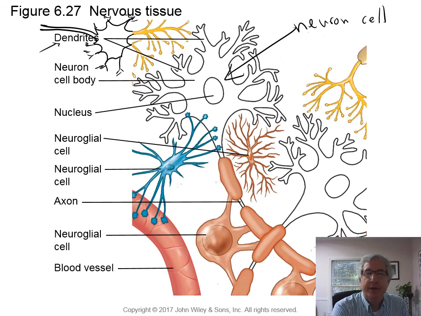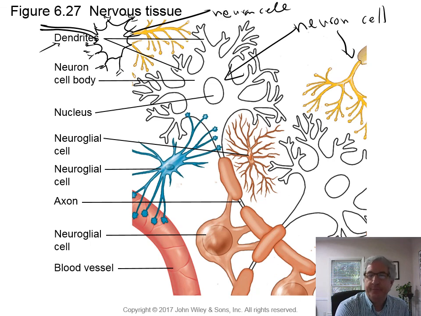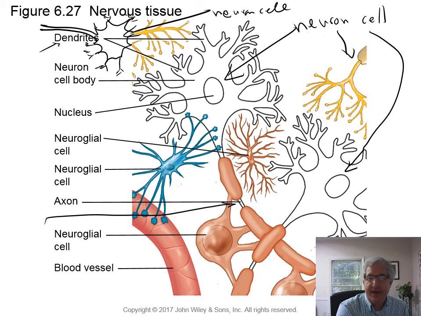So this neuron here is a neuron cell, and these 2 are communicating. This is talking to this neuron cell. And here's another neuron cell down here as well, and another neuron cell down here too. Then this part down here is the axon, and then here is a neuroglial cell.